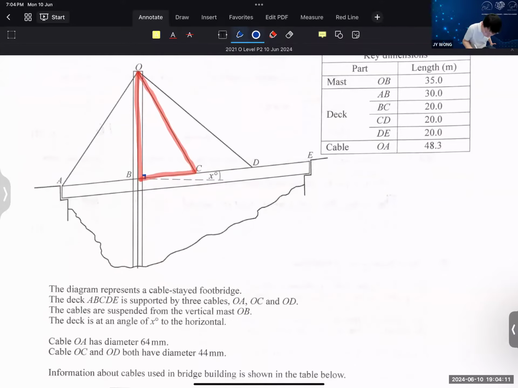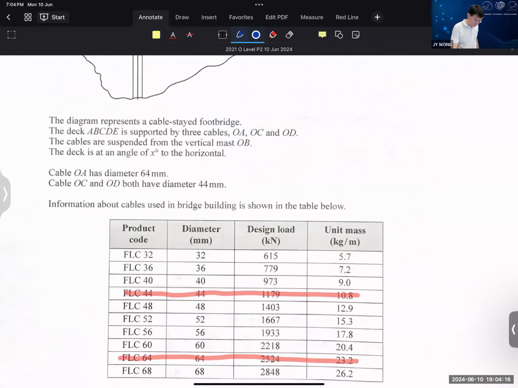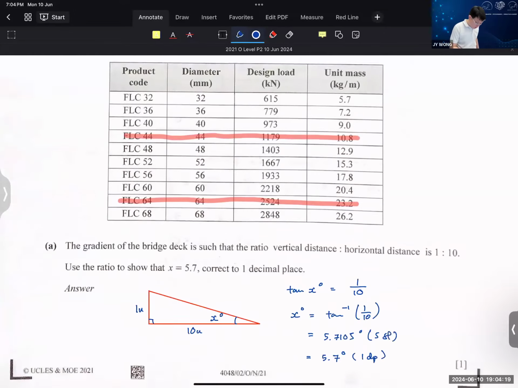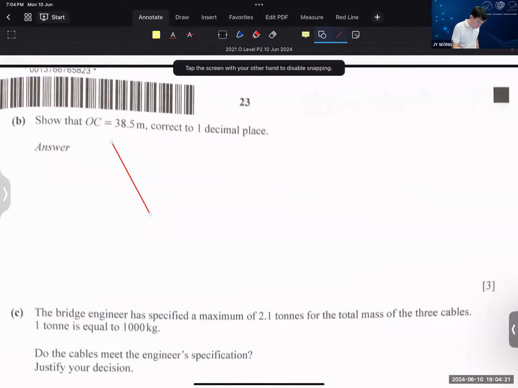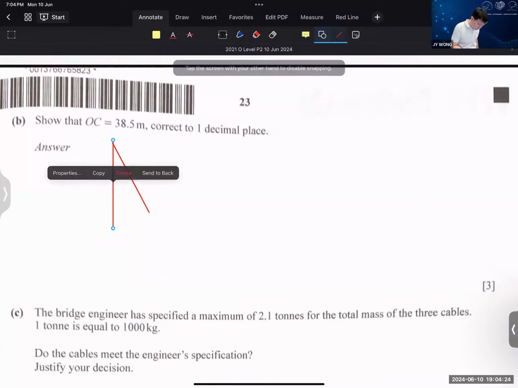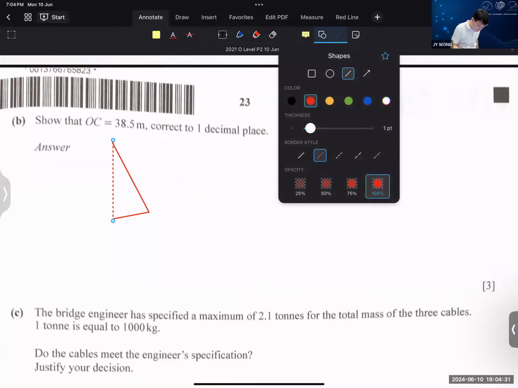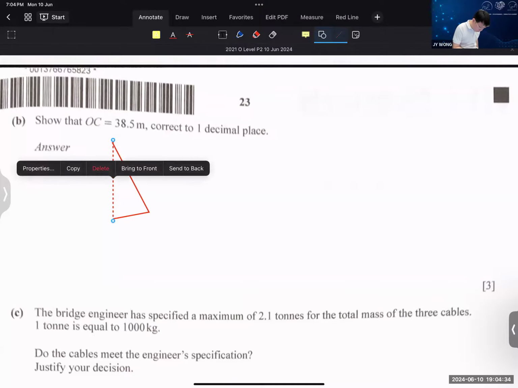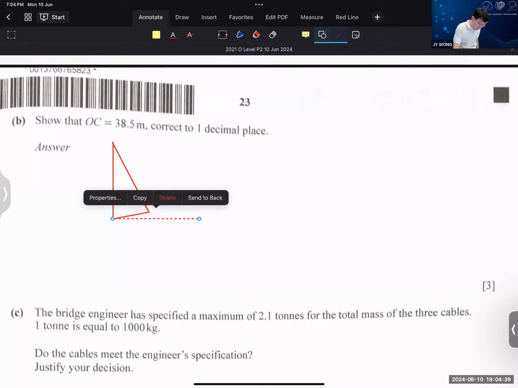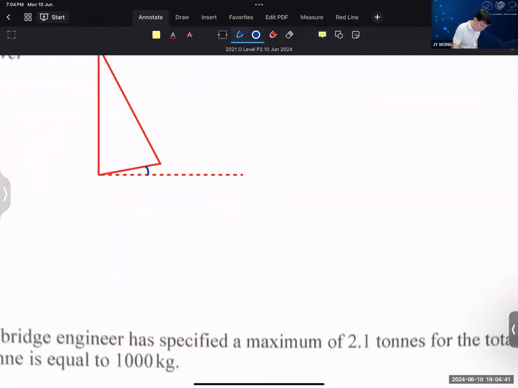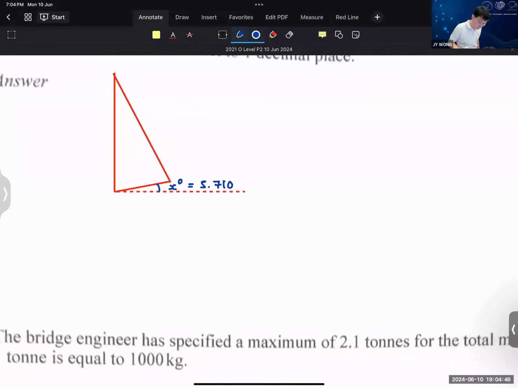And then you notice that to the horizontal, there is an x. So you should draw it as such. So there is this, and then there is a horizontal. And this horizontal is your angle x, which is equal to 5.7105.